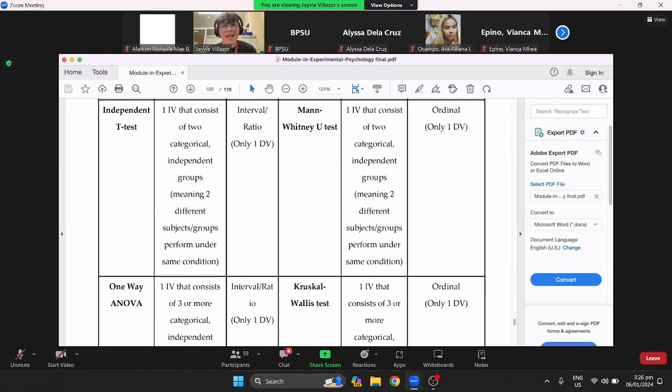Ayan, may mga nagle-left na, medyo kumaunti na yung mga uma-attend. Miss Allen Luis Santos, can you please check the attendance ng lahat. Makaka-complete ng attendance hanggang mamaya.